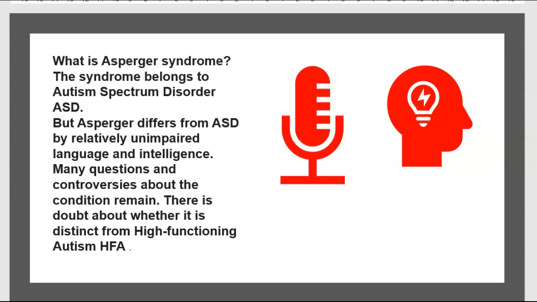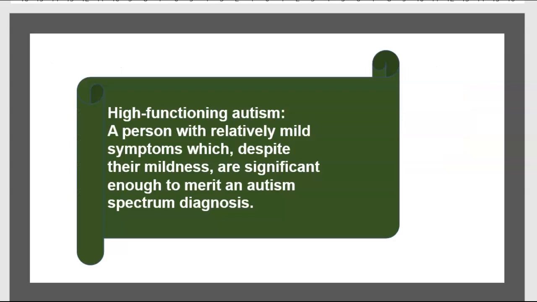Many questions and controversies about the condition remain. There is doubt about whether it is distinct from high-functioning autism. High-functioning autism is a person with relatively mild symptoms which, despite their mildness, are significant enough to merit an autism spectrum diagnosis.